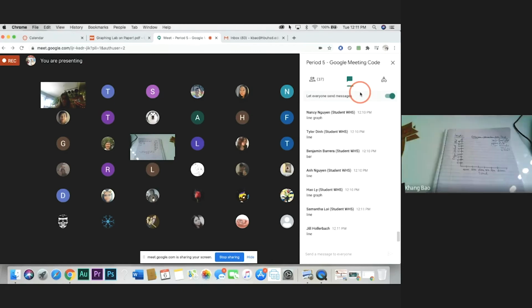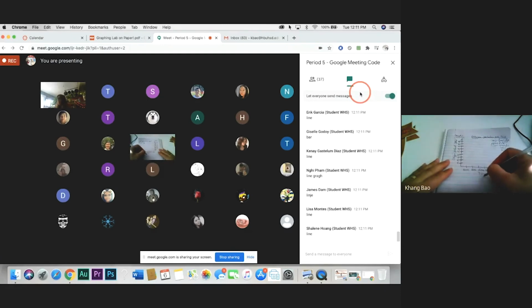So the majority said line graph, and you are right. It is a line graph because it involves time, right? Remember we said anytime you see time, like hour, day, year, second, it'll be a line graph. So this will be a line graph.